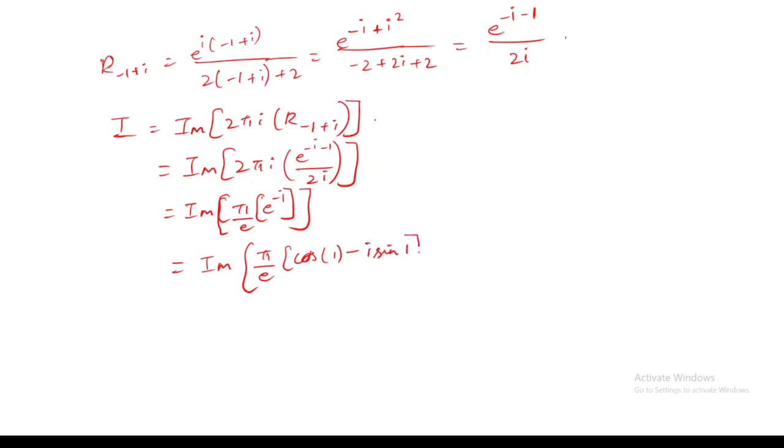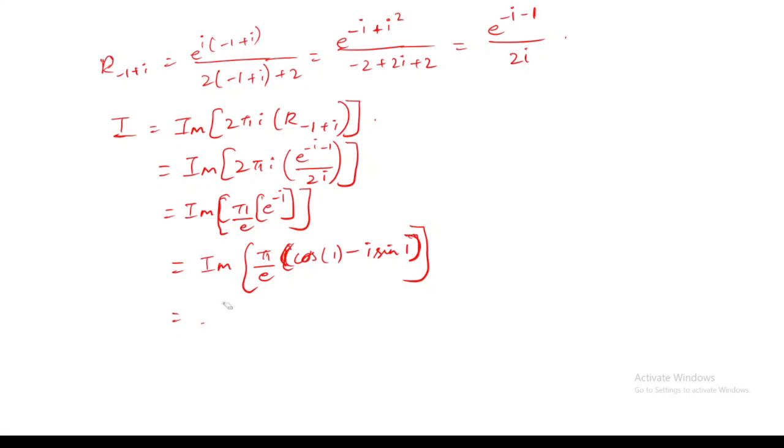Cos 1 minus i sine 1. Since we want only the imaginary part, we take only the imaginary term of this whole expression.